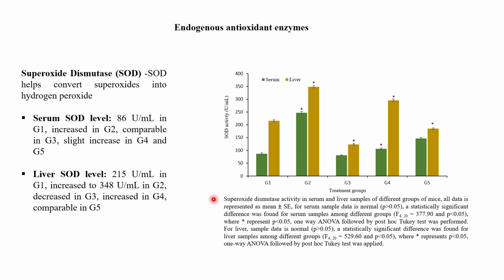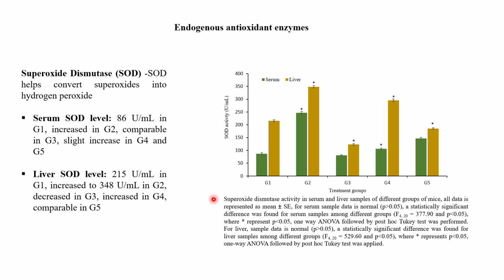For the superoxide dismutase activity, all data are presented as the mean with the standard deviation. For the normality of data, we use Levene's statistics. If the p-value is greater than 0.05, it means the variance is the same. There is no difference in their variance, so we can use ANOVA for this activity.